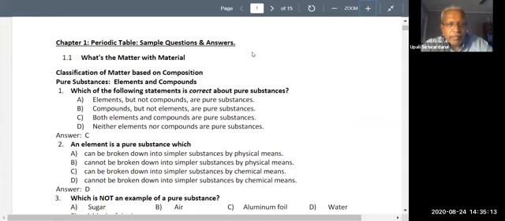Classification of matter based on composition. Pure substances, elements, and compounds. Question number 1. Which of the following statements is correct about pure substances? Pure substances are either elements or compounds.